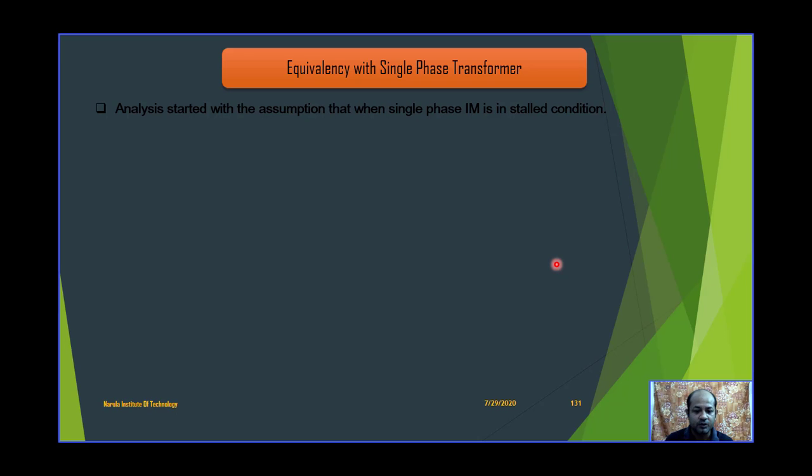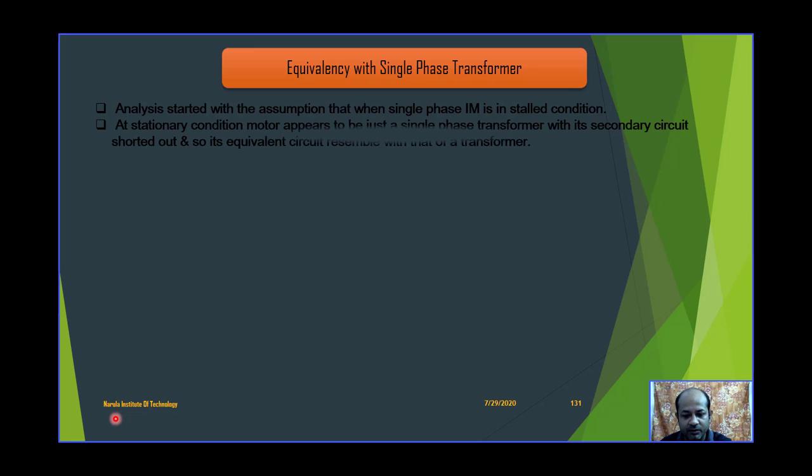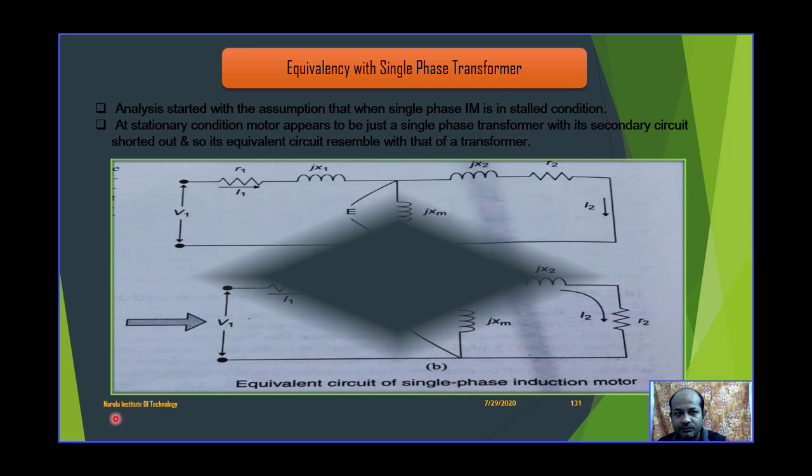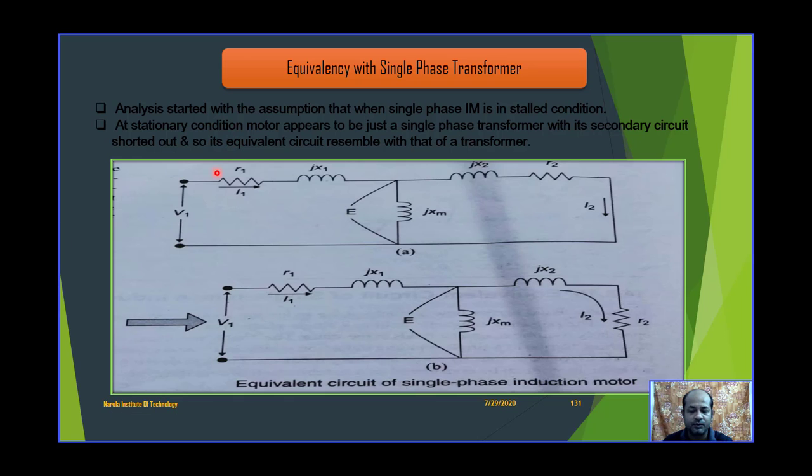So the equivalent circuit of the single phase induction motor can be represented by the equivalent circuit of a single phase transformer in short circuit condition. So this is the representation of a single phase induction motor.